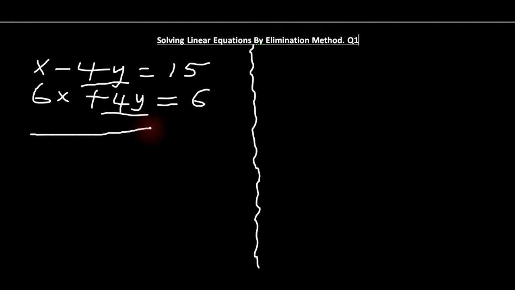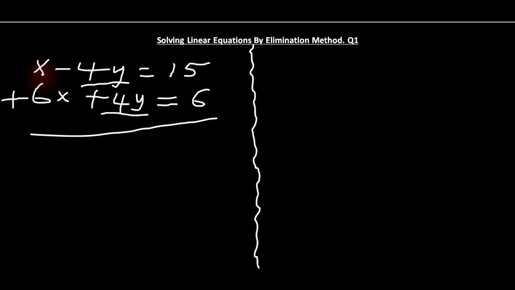By summing them up, the variable y is going to cancel itself out, giving us the ability to get the value of x. Having the value of x, we can easily solve for y by substituting that value of x into any of the equations above.